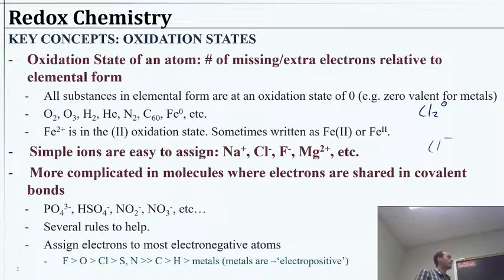We've seen a lot of that. The more complicated ones tend to appear when we have what we might call polyatomic ions. And we now have, let's say, phosphate or HSO4- or nitrate or nitrite. So we have a few rules to help us with them.